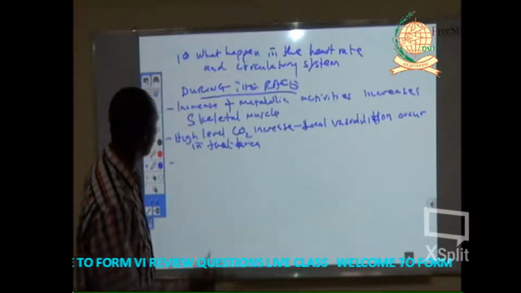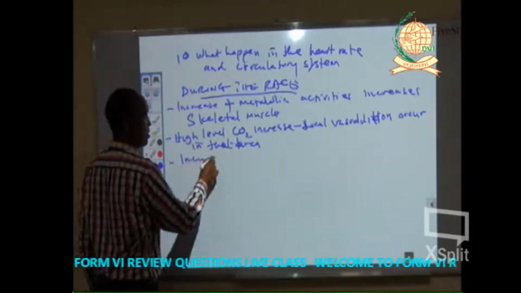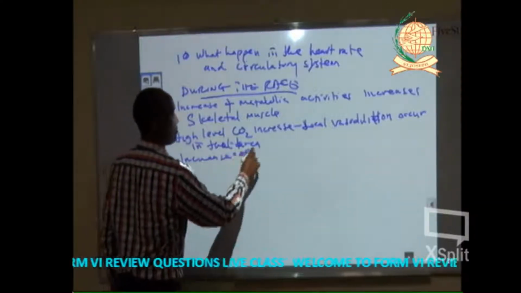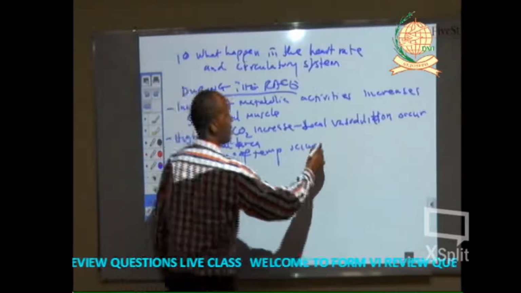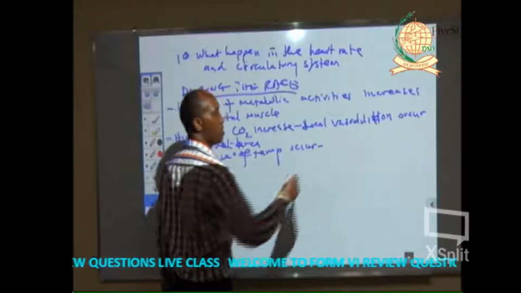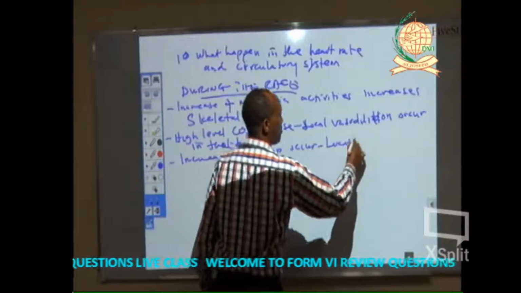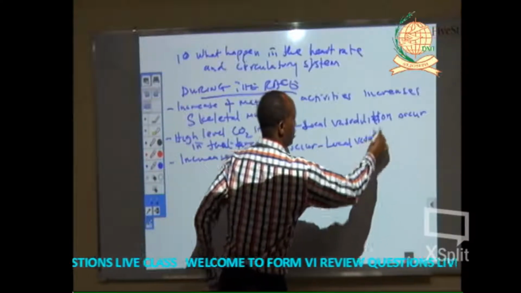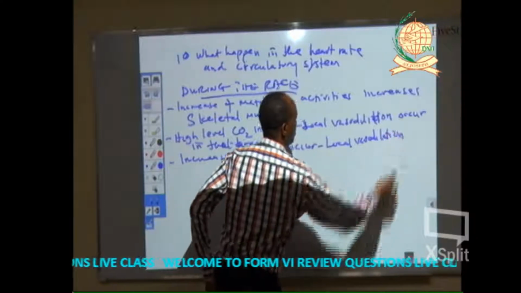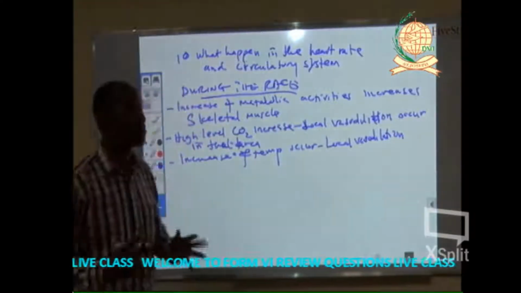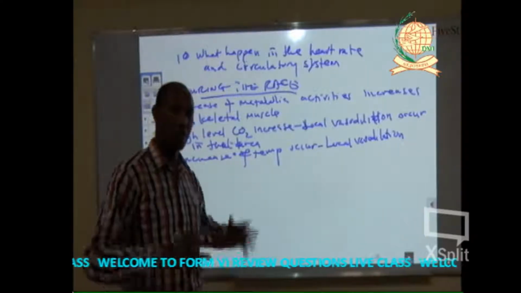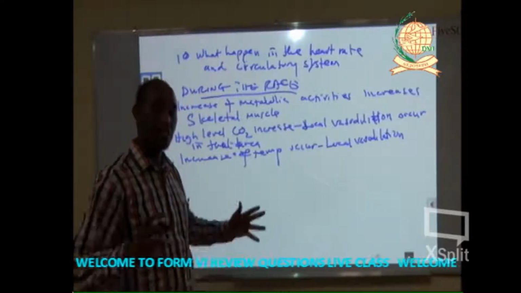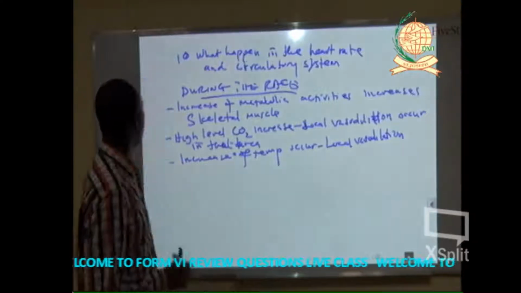The increase of temperature also causes local vasodilation. Why do we call it local vasodilation? It's because the part which is involved, like skeletal muscle, has vessels in that area that increase in diameter.